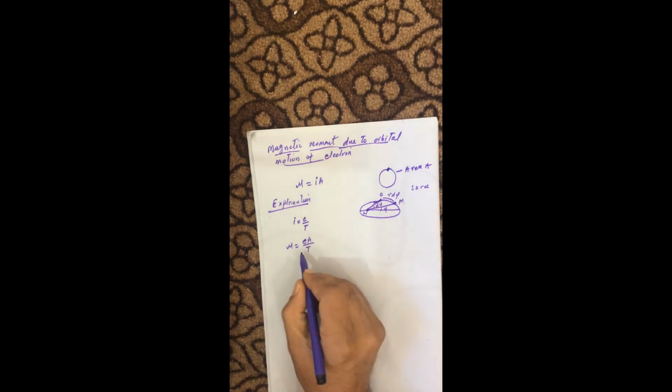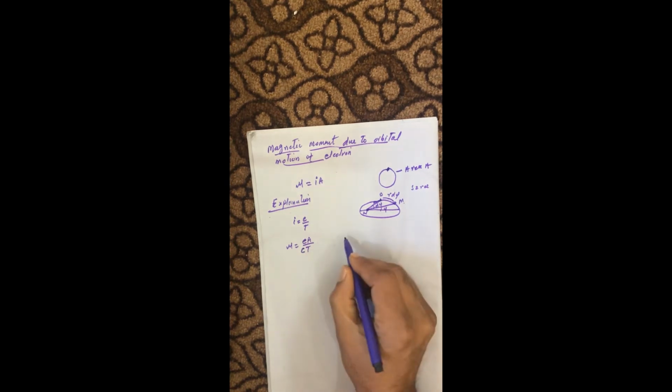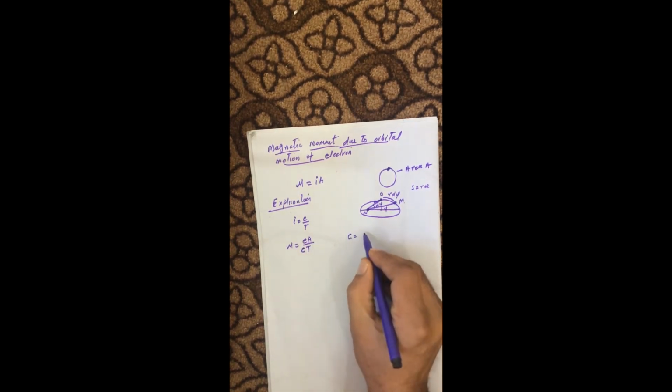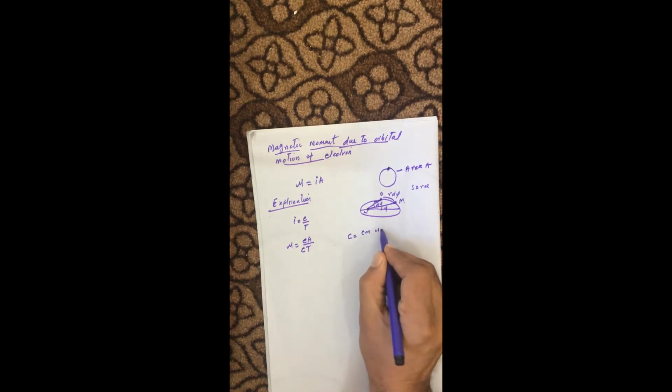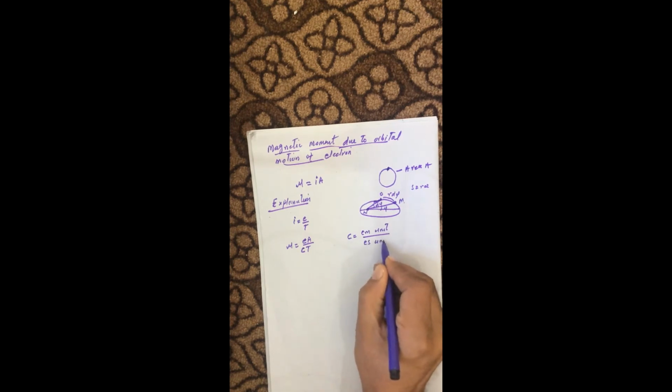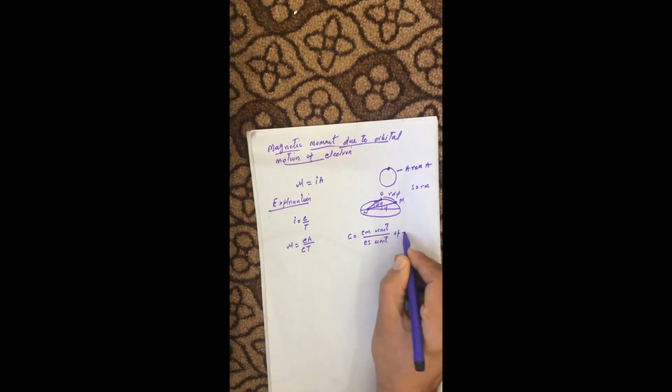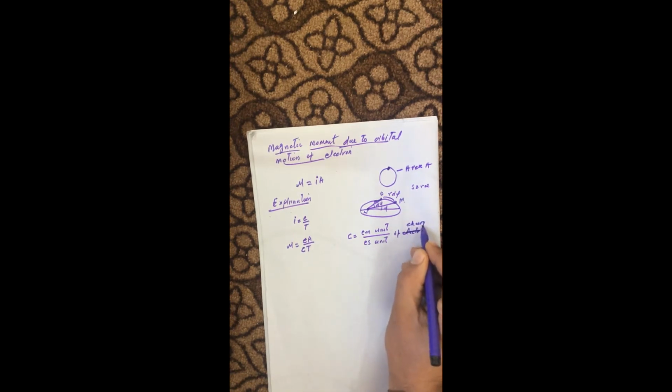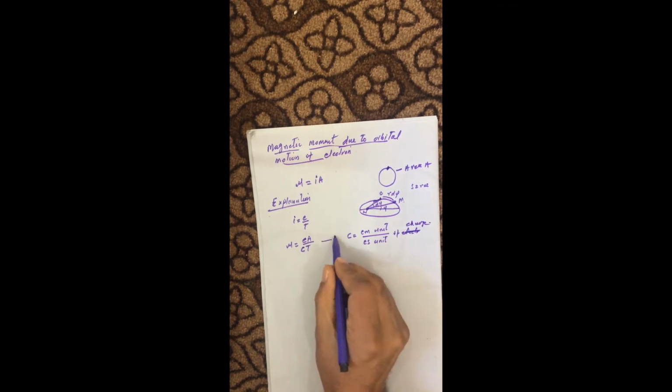Here I will introduce a symbol C, which is the ratio of the EM unit to the ES unit of electron charge. So this is my equation number 1.